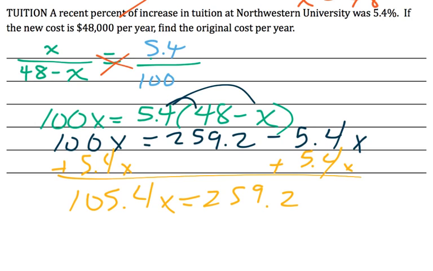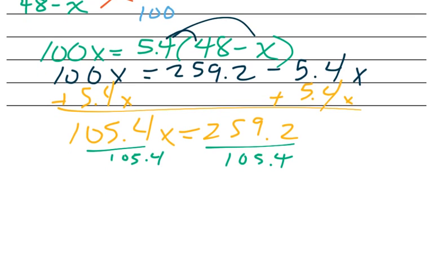And I'll have to show that as a step too. Here's 105.4. Here's 105.4. And when I punch that in, I got x is approximately 2.459. And then it keeps on going.